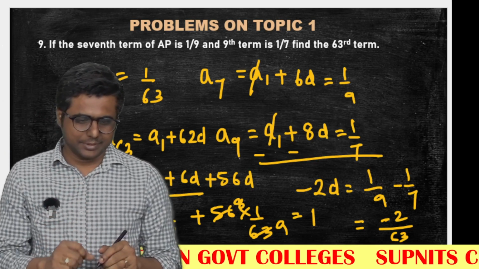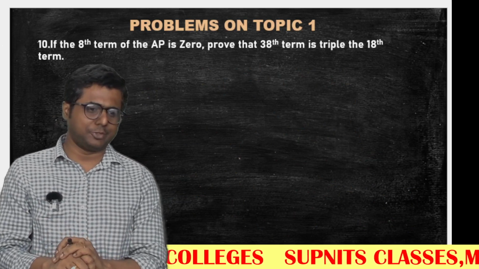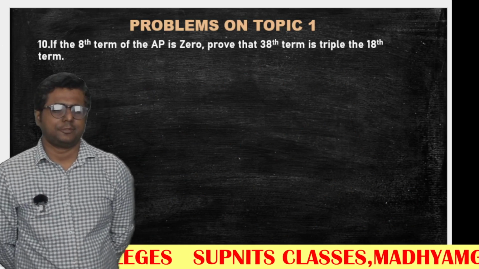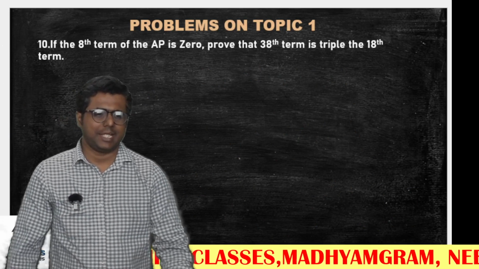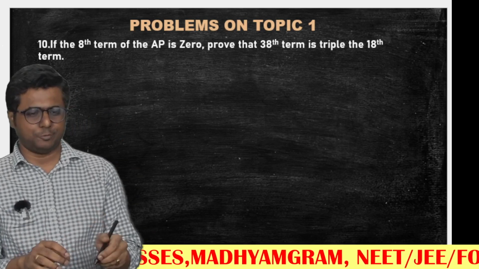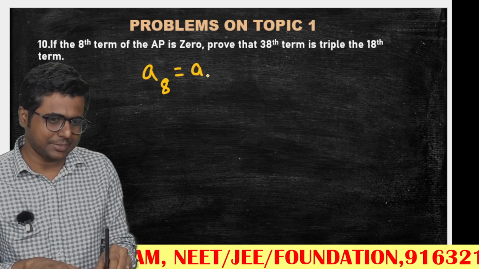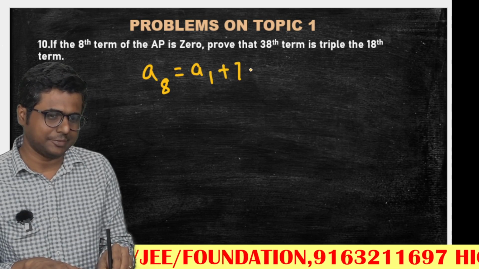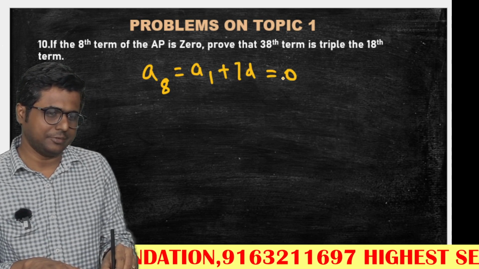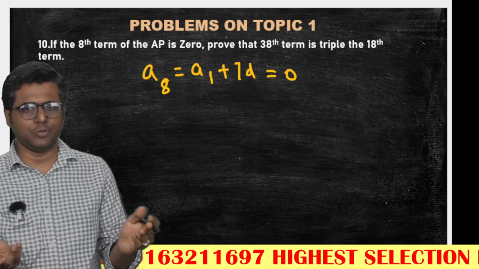Okay, so coming to our last problem in today's lecture. The 8th term of the AP is 0. So that means A8, that is A1 plus 7D, is equal to 0. This is one equation.